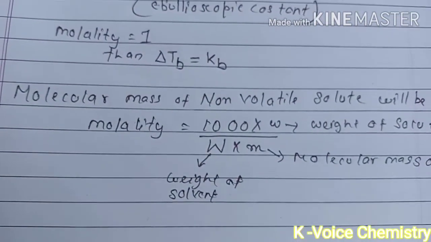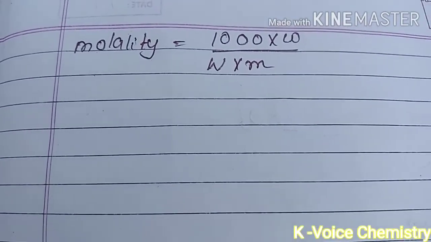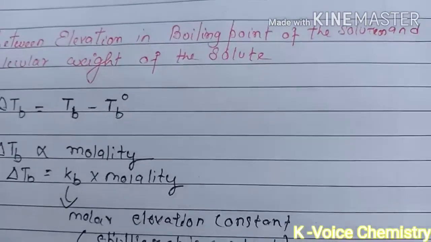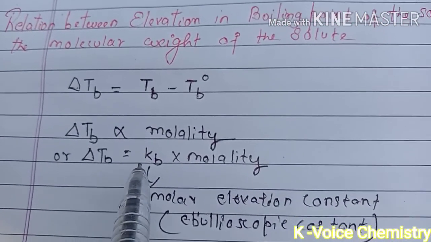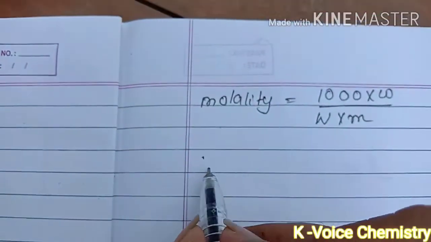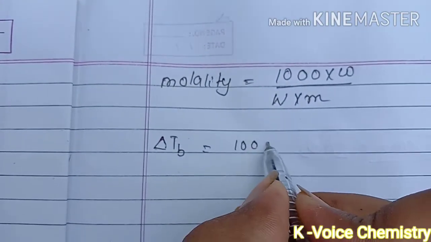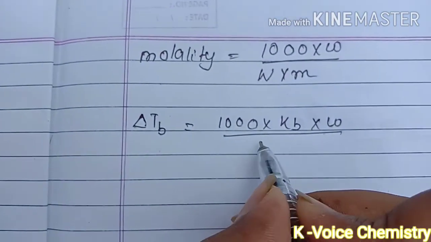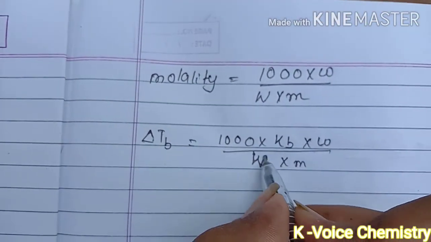So we will get something like this: elevation in the boiling point equals Kb into 1000 into w divided by capital W into m.